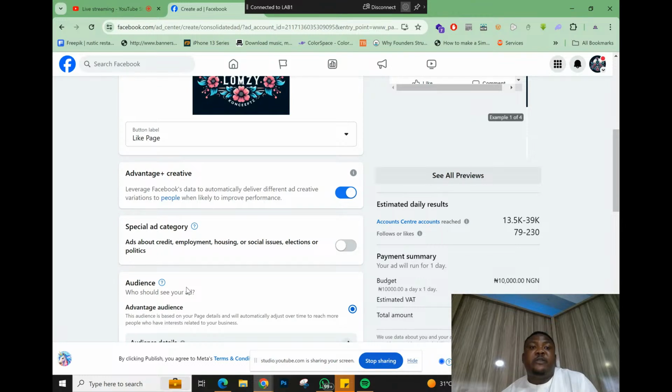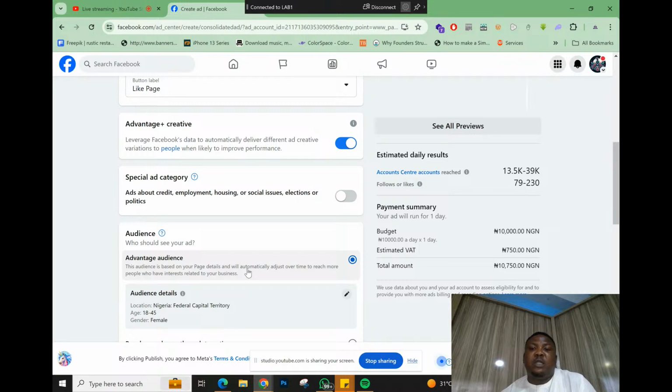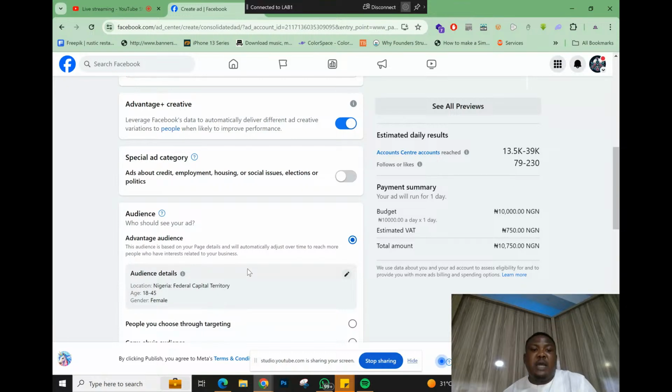Facebook will not allow you to use their system to perpetuate fraudulent activities. Facebook will not allow you to use their platform to talk about election related issues as well. So all those things they need to scrutinize and be sure that there's no sensitive information before they will approve your advert.